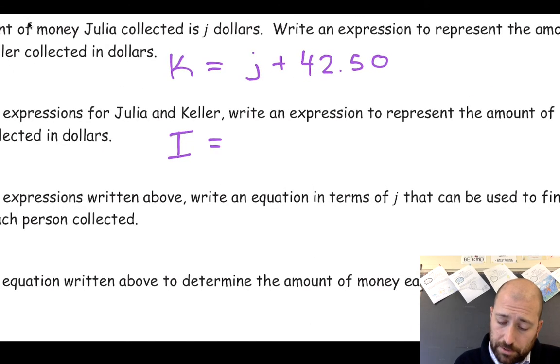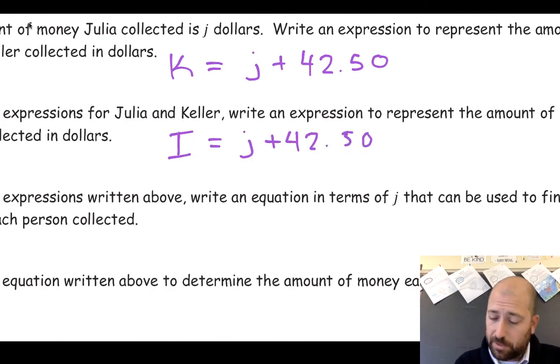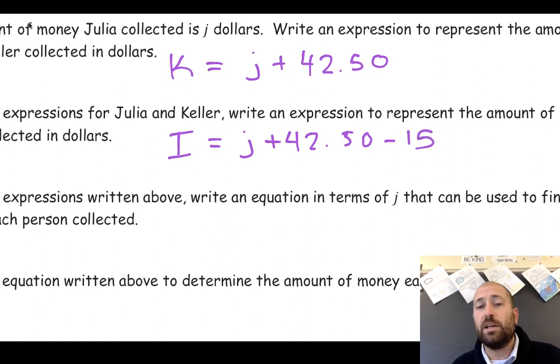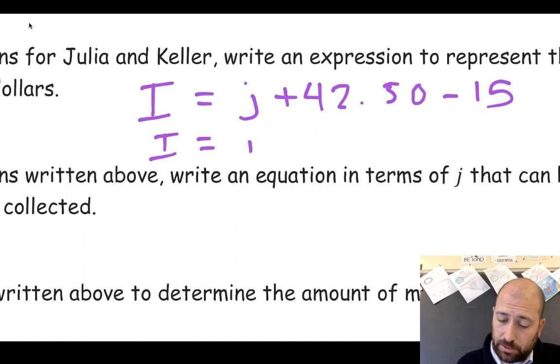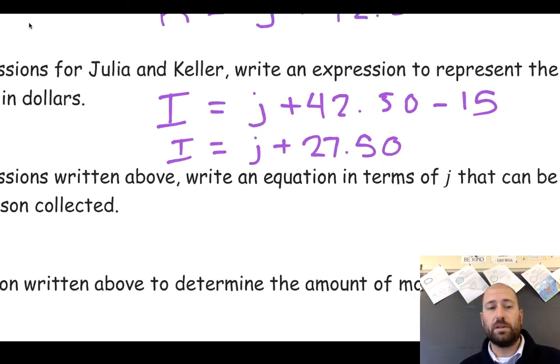Well, Keller is equal to J plus 42.50. That's the amount that Keller made. Okay? We know that Israel collected 15 less than that, so I could take away 15. Or I could simplify that by subtracting 15 from 42.50 and saying Israel is Julia plus 27.50.